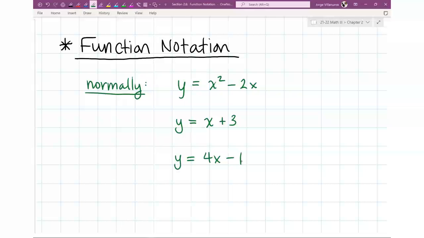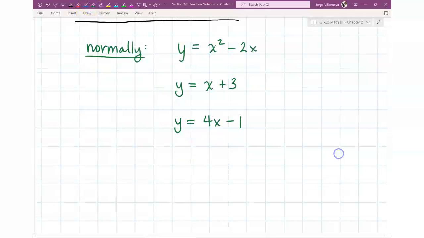Usually when you take algebra 1, algebra 2, it's not a big deal because you don't get too many equations at once. But when the math gets a little tougher and they start giving you more and more equations to do, then sometimes it's important that we decipher the difference between one equation and the next equation and the next equation. So what we do with notation is we give them names.